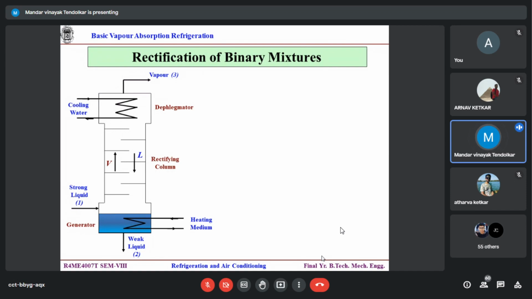And even if there are certain traces of the vapor part in the liquid phase, that will absorb that heat and again go in the upward direction. So instead of adding the number of heat exchangers in the horizontal manner, I'm adding them in the vertical manner.